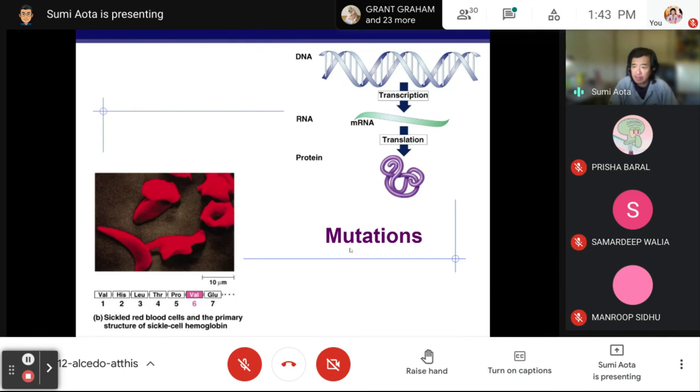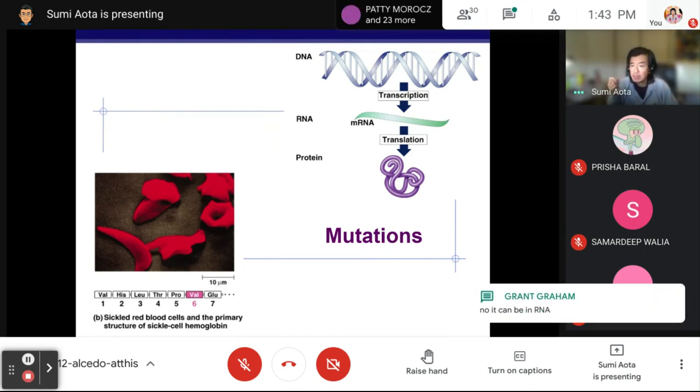Now, Vedant said something that a lot of people often say, which is that it's a change in DNA. Does a change have to be just in the DNA in order for a mutation to occur? Or can a change occur anywhere else? Yeah.